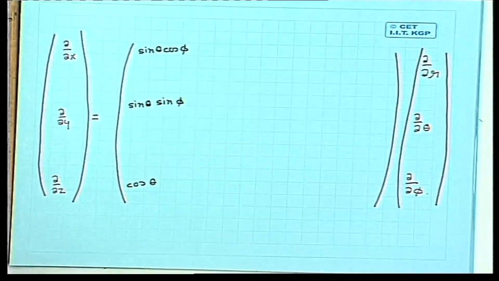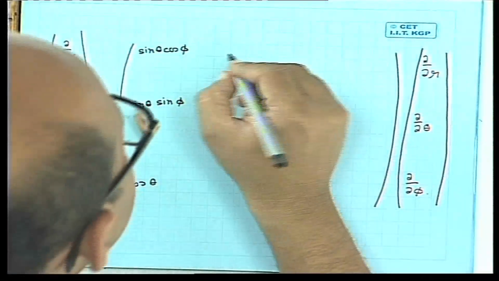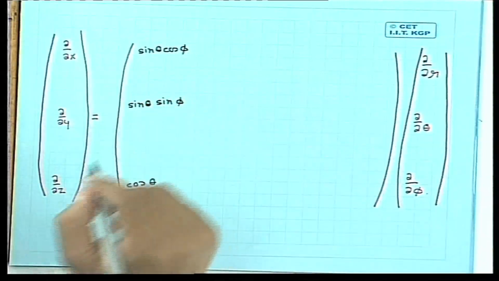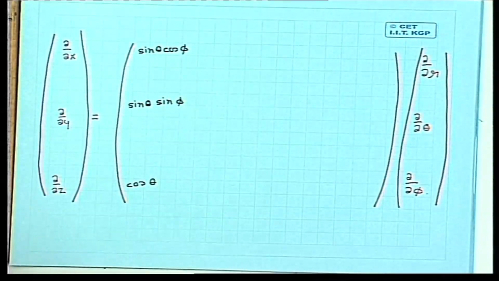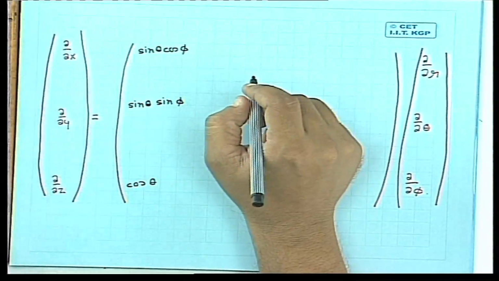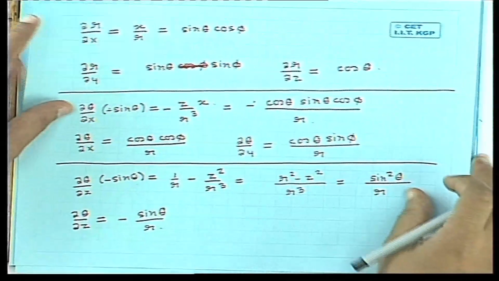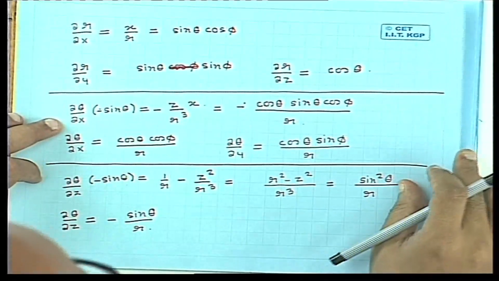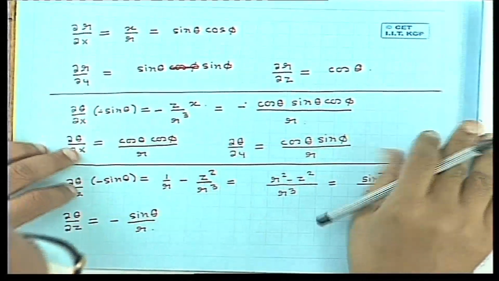Now, del theta del x is equal to cos theta cos phi by r. Sorry, I was looking at the wrong one.